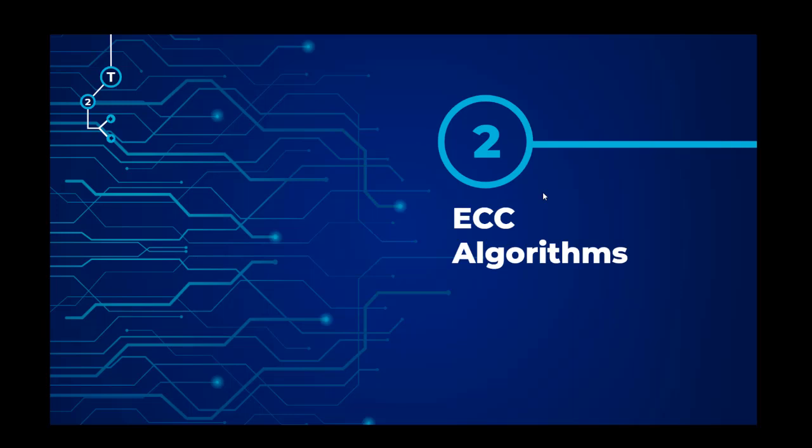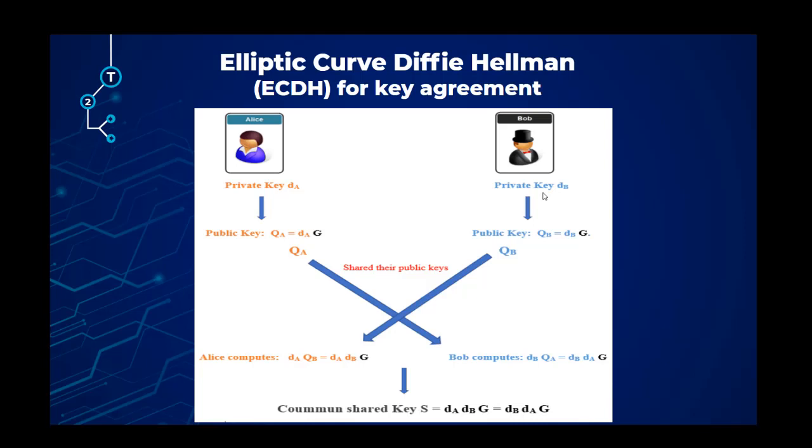So in this part, we will talk about the elliptic curve algorithms. The first one is ECDH, which is the elliptic curve Diffie-Hellman protocol. It's a secret key generation protocol between two distant parties, Bob and Alice, the famous ones. In order to exchange their public keys, they will follow these steps.